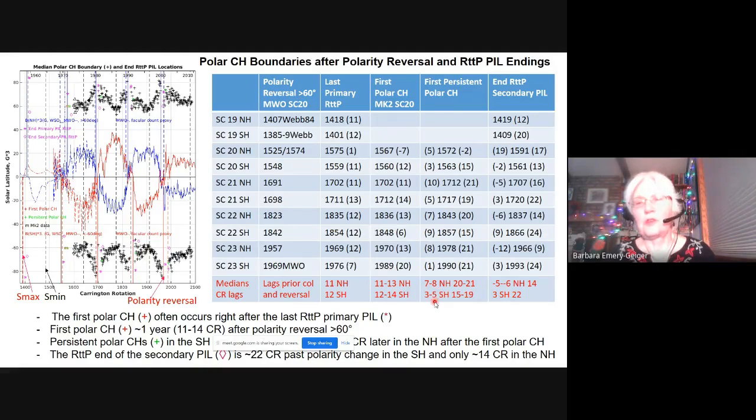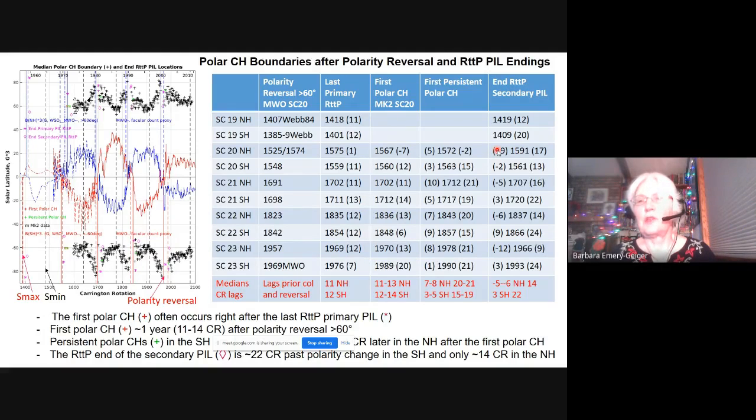And what's interesting is it comes up a lot sooner in the southern hemisphere. So it's only 3 to 5 Carrington rotations in the southern hemisphere after the first appearance, compared to 7 to 8 in the northern hemisphere. And this is the lag from that polarity reversal above 60. And then finally, what is the end rush to the pole for this secondary pill?